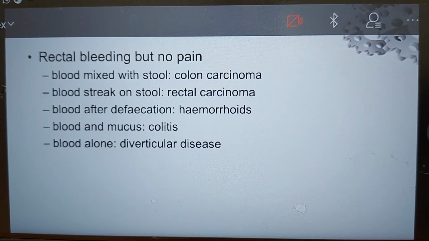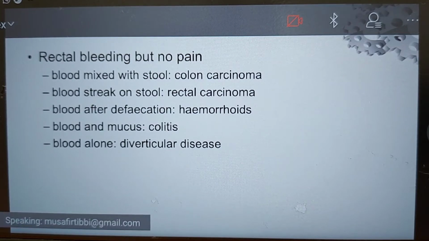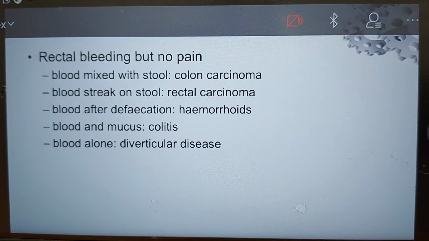However, if the patient presents with rectal bleeding without pain, then we have to get the history well from the patient. If the blood is mixed with the stool, darah campur dengan najis, that means the bleeding is actually at the higher part of the lower GI, so it can be a colon carcinoma. But if there's a blood streak on the stool, the bleeding is at the lower part of the lower GI, which might be a rectal carcinoma.